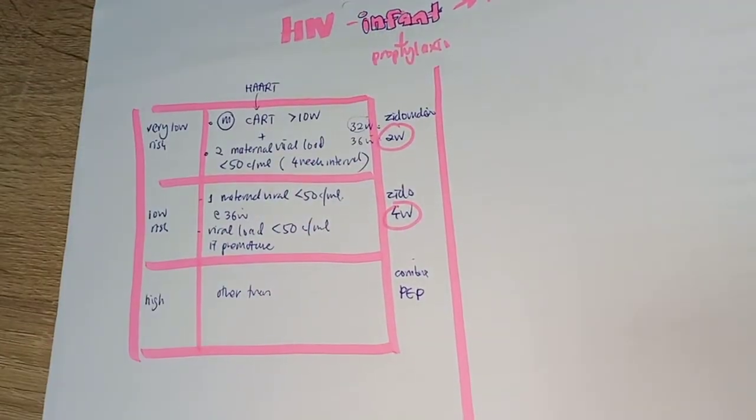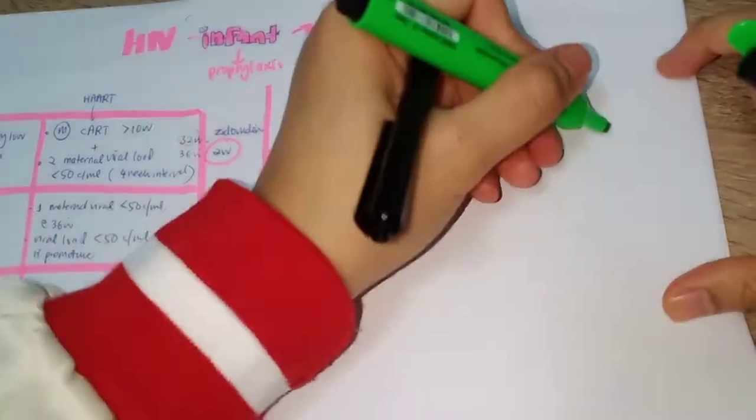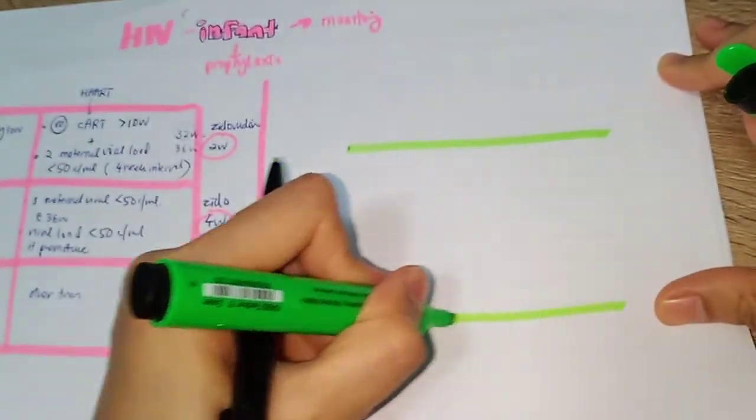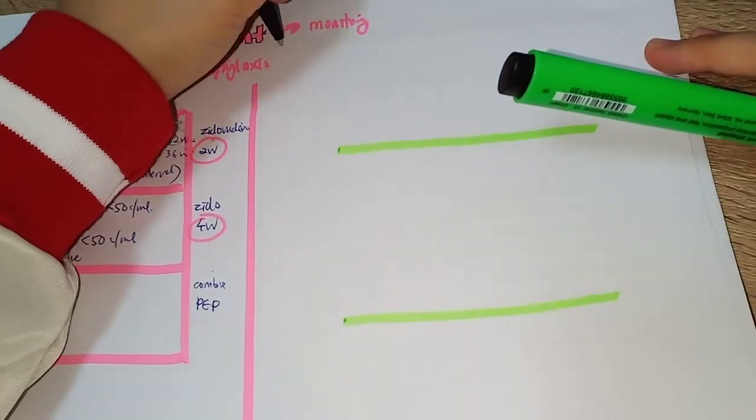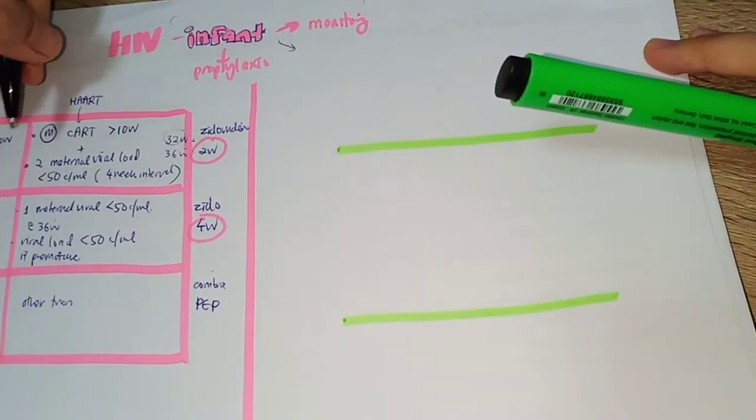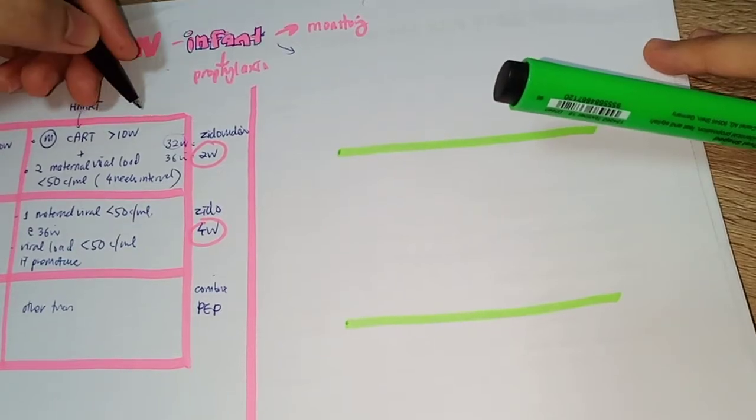Okay, so when do we test the infant? The infant testing can be divided into two groups. We know the risk of transmission is during intrapartum.